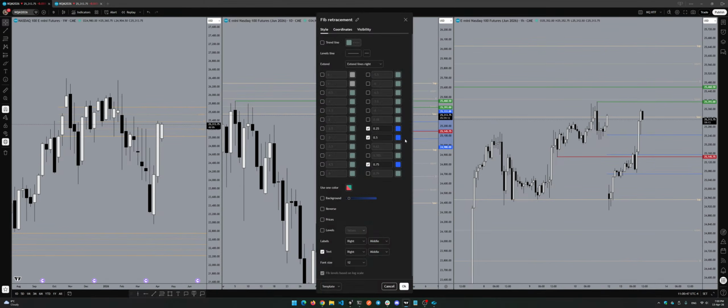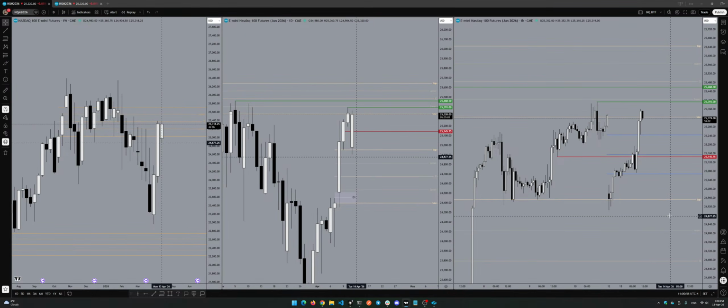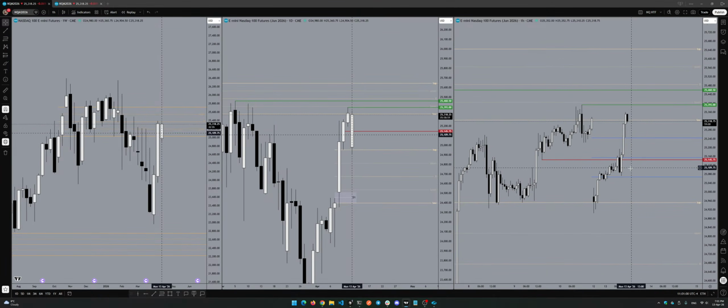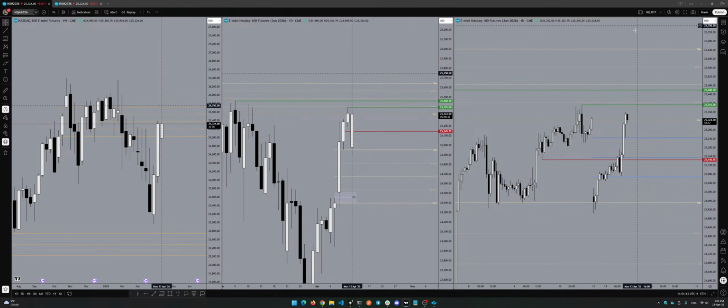Oops. Visibility. Seconds, hours maybe. Only hours. Okay. The price went up, cleared all the gap, and not even hours. I do, or do I? Okay, let's keep it for now.